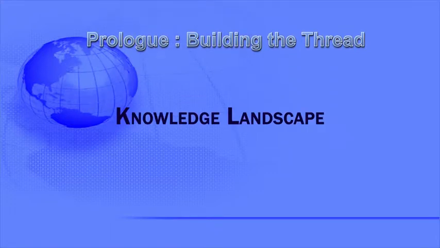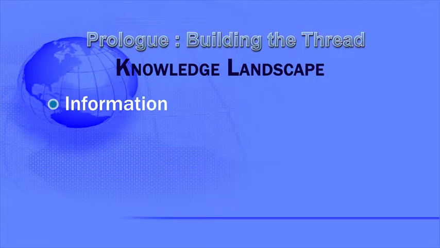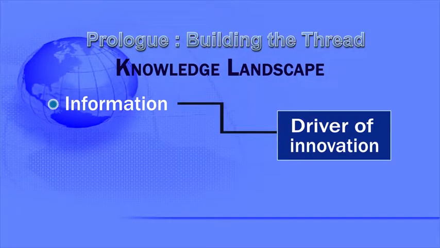Therefore, when we build the thread for going through the knowledge landscape, in this knowledge landscape we talk about information, which is the basic ingredient for research, and we say that information is the driver of innovation.